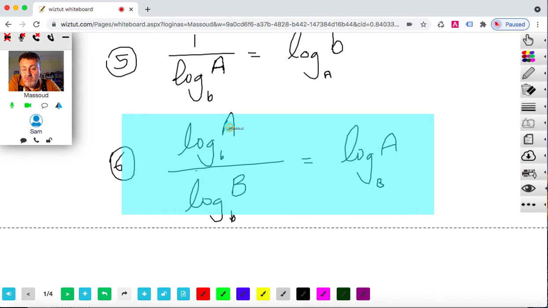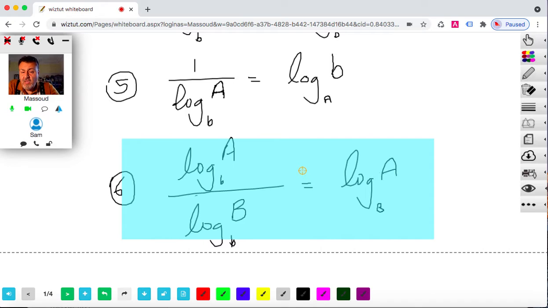So the subject a with base b, the subject b with base b, and the final result is that a would be the subject of this log, and the subject of the log in the denominator becomes the base of this log. So it merges it into one log, which is often a useful thing. If you've got too many logs, and it's possible that you get it in this situation, then you can make one single log out of it.